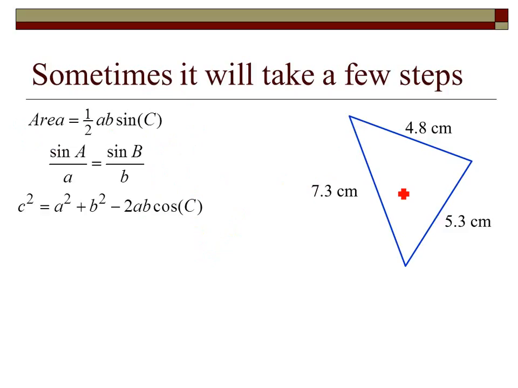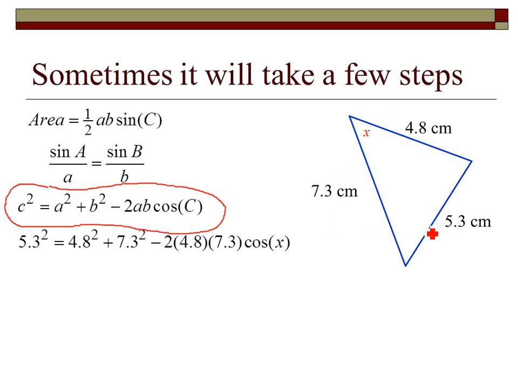Well, we're given side, side, side. The formula we're going to be using is going to be the law of cosines. So I need to find an angle. So I'm just going to put an X in here. And we're going to use the angle between it, so it doesn't matter which X I chose.